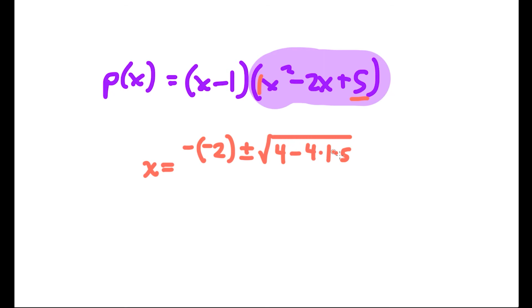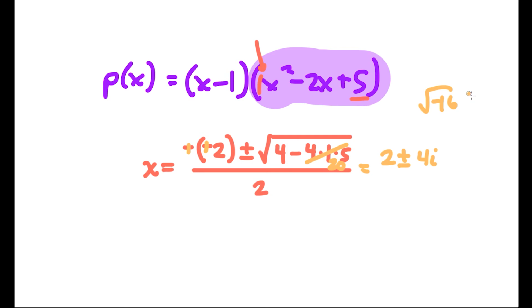Okay. And then I'm dividing all this by 2a, which is just going to be 2 times this 1 right here. And you end up with, let's simplify this out. This is going to be 20. So it's 4 minus 20, which is negative 16. So you're going to be left with 2 plus or minus the square root of negative 16, which is going to be 4i, because the square root of negative 16 is really i times the square root of 16, which is just 4i.